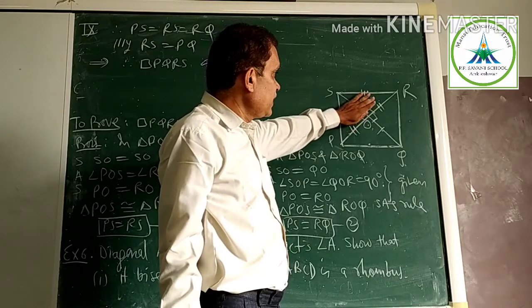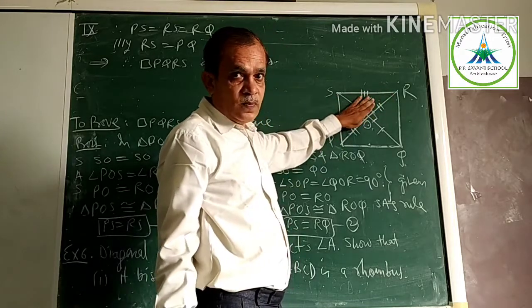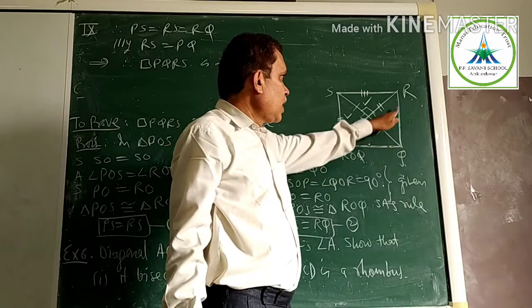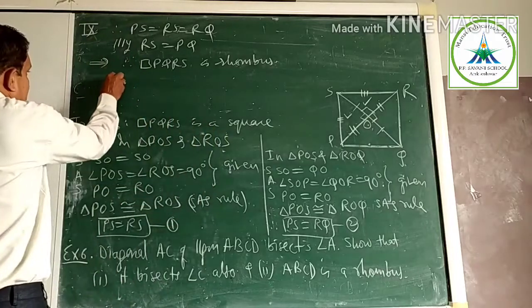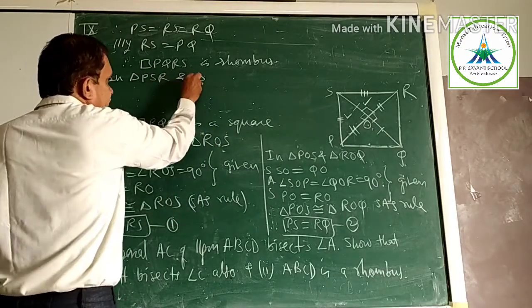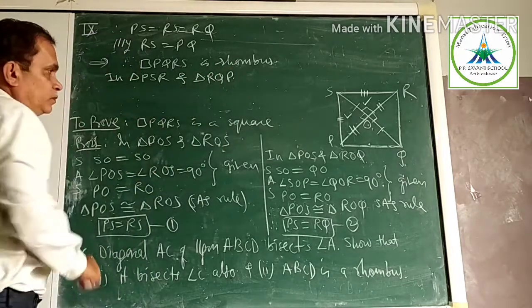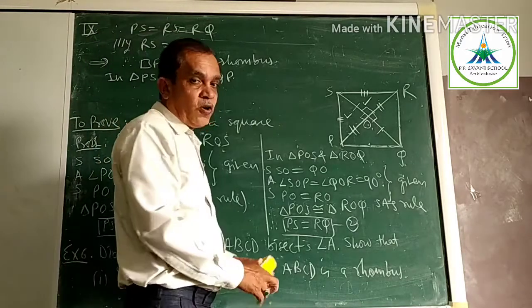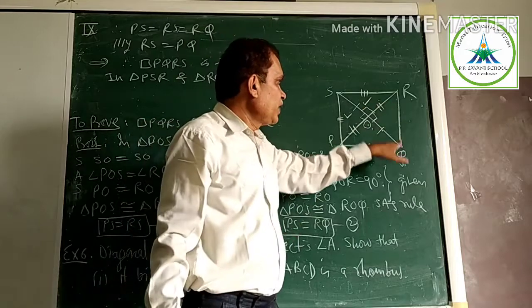If I am taking this one triangle PSR and triangle RQP, see properly: triangle PSR and triangle RQP.